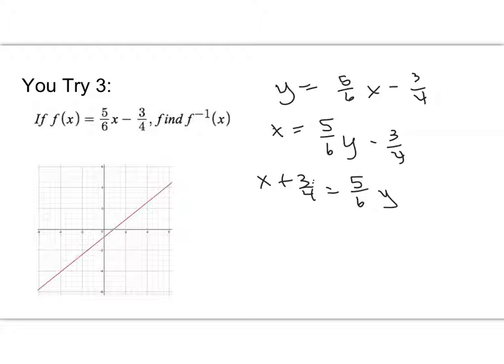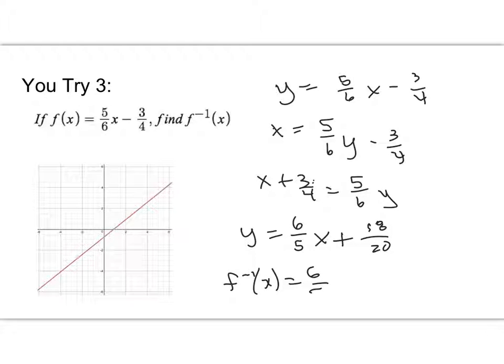And then multiply everything by 6/5. Six times 3 would be 18, 5 times 4 would be 20, 18 over 20 simplifies down to 9/10. Done.